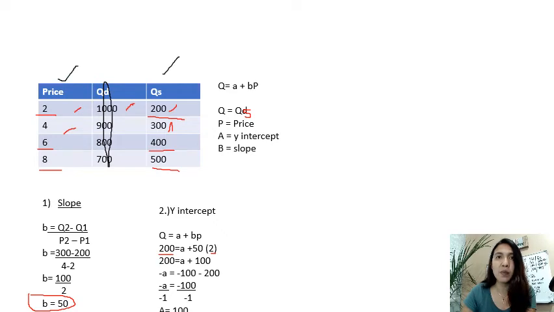You will have the same answer of 100 in the end. So let me go further. 200 now is equal to A plus 100 because it's the product of 50 and 2. So if you want the easy way, from here you have A, you transpose 100 to this side, it becomes negative, right? So negative 100 plus 200, it's positive 100.